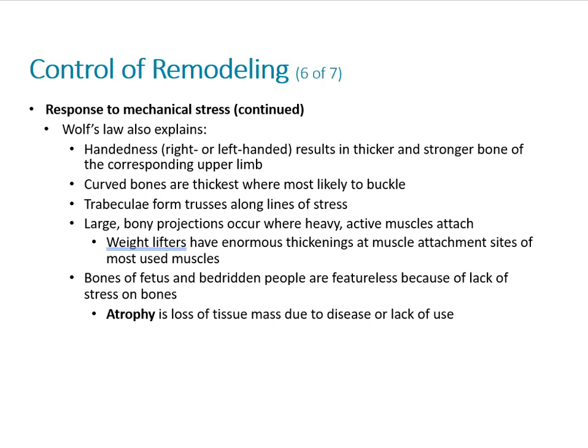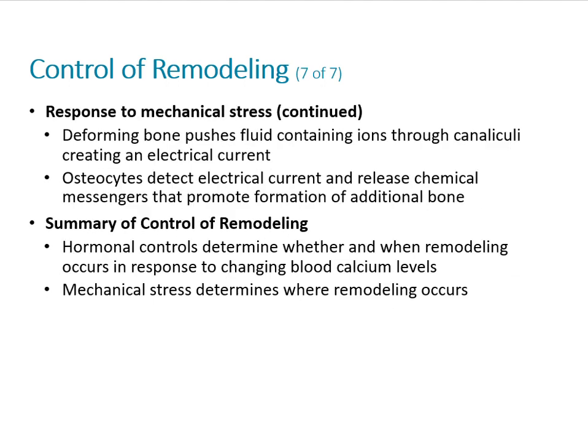So bones as organs and as tissues can atrophy, and that's usually because of lack of use. Deforming bone actually pushes fluid-containing ions through canaliculae, and that creates an electrical current. Osteocytes can detect this electrical current using the gap junctions that connect them to bone and other cells, and that promotes the formation of additional bone. So it's still the osteocytes that are monitoring and maintaining the matrix and responding to that mechanical stress.